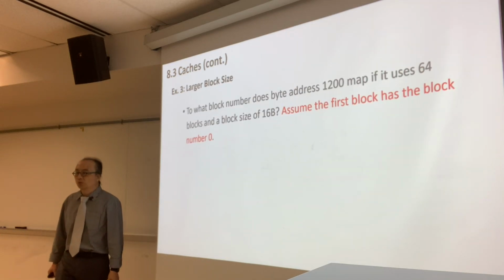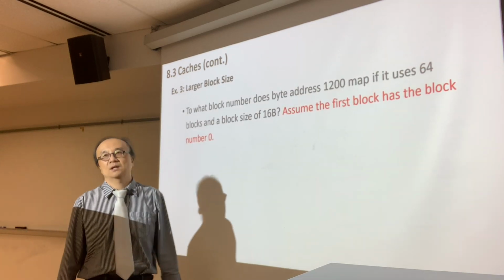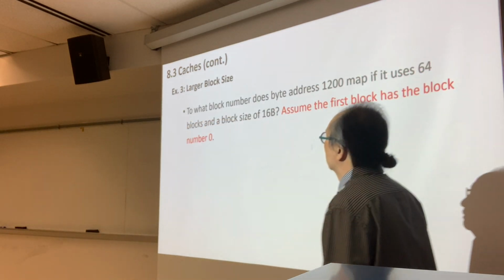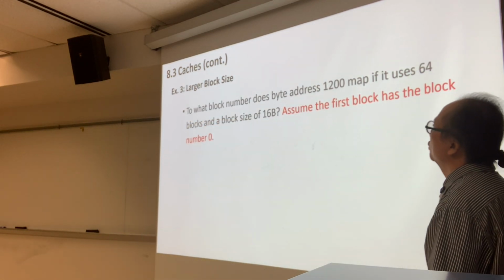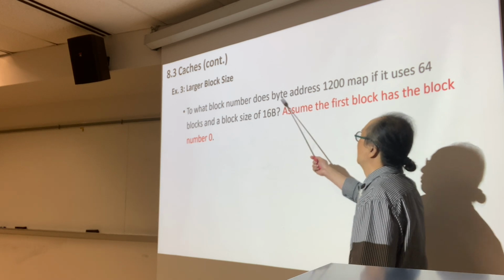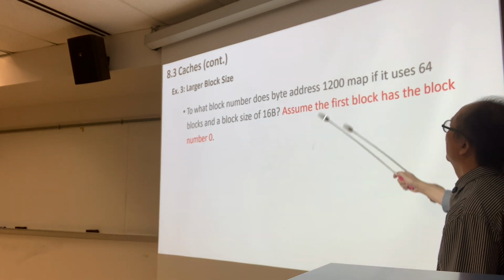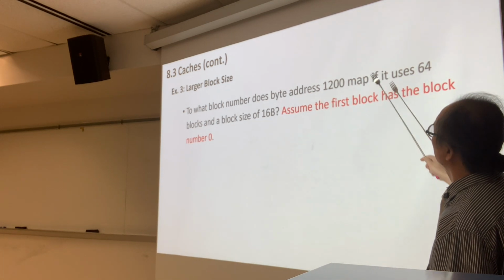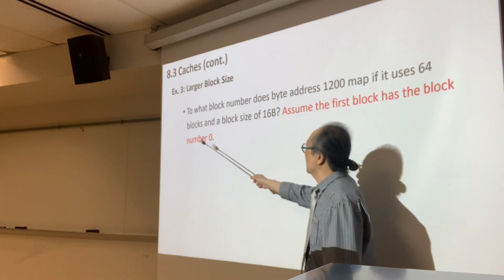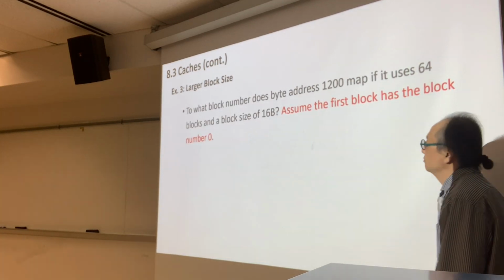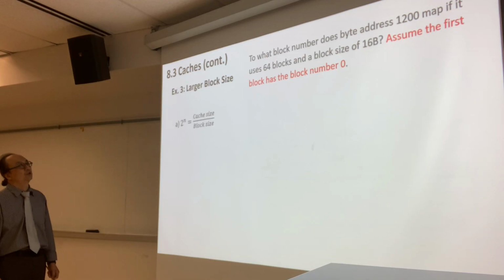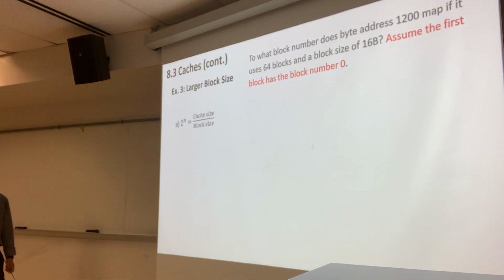Okay, so let's work on the larger block size. This time, to what block number does byte address 1200 map if it uses 64 blocks and a block size of 16 bytes? The first thing we need to do is 2 to the n equals cache size over block size.